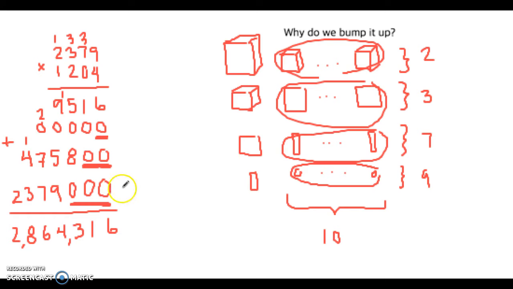So let's go back. This is really 4 groups. We were multiplying this by our 4 groups of 2,379. This is really 0 groups, but it's still in the tens place.